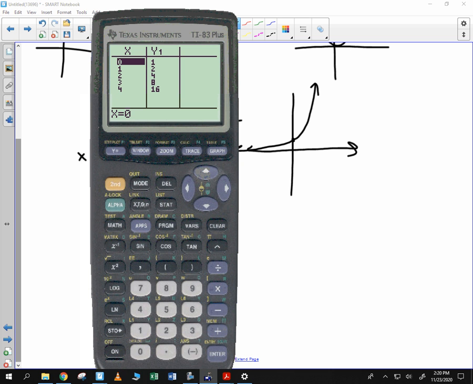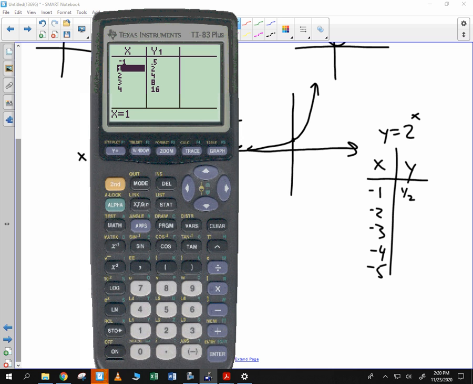Notice what happens if we plug in negative values like -1. Well, that would be 2 to the -1, which is 1 over 2, or a half. So we get 1/2. If you type in -2, you get 2 to the -2, which is 1 over 4. And then -3, you can see you get 1/8.